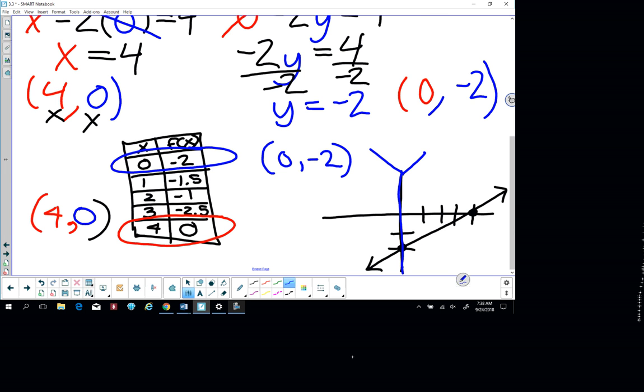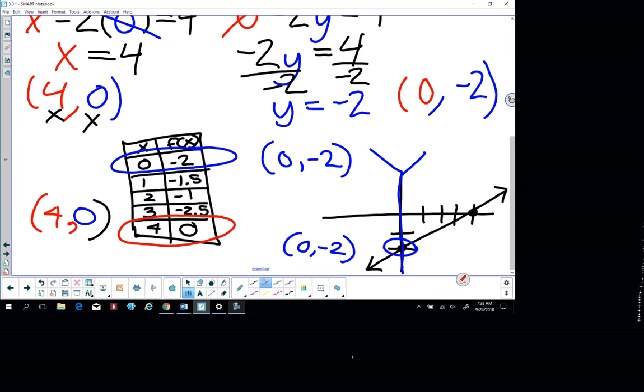So wherever it falls on that line is your y-intercept, right? And so if this is my Y, I'm finding where it falls on this, and you see it's right here, right? And so remember, down is negative. So I go -1, -2. And so my y-intercept again is (0, -2). So wherever it falls on that line, if I can make a Y with it, it's my y-intercept.